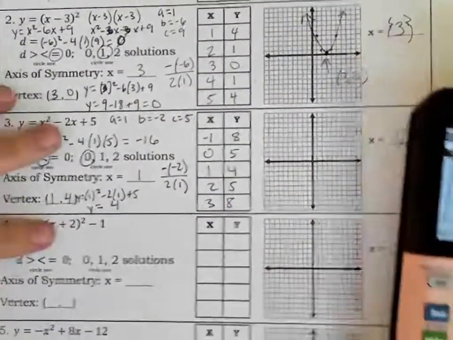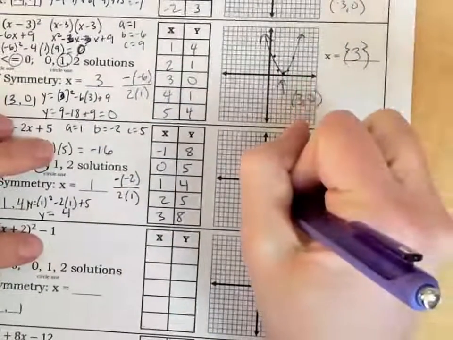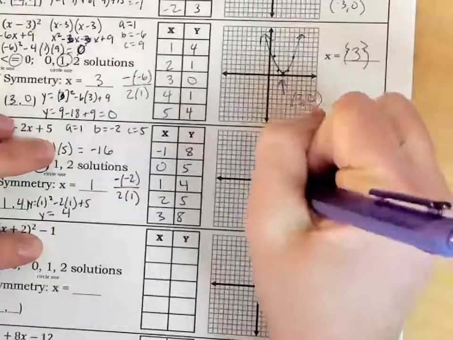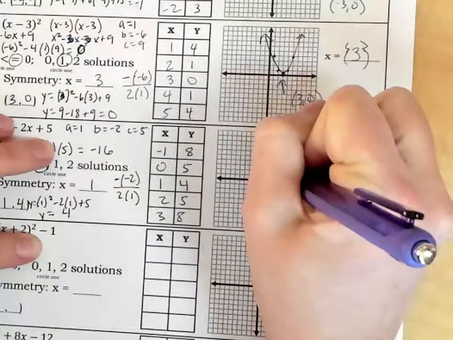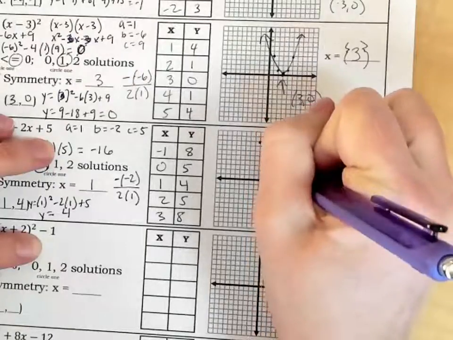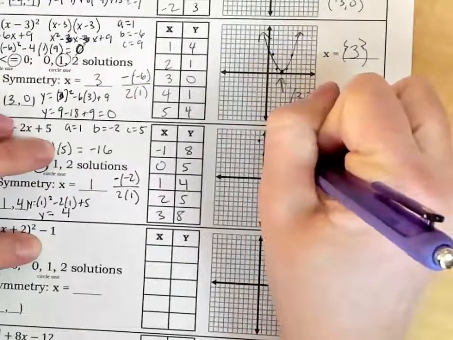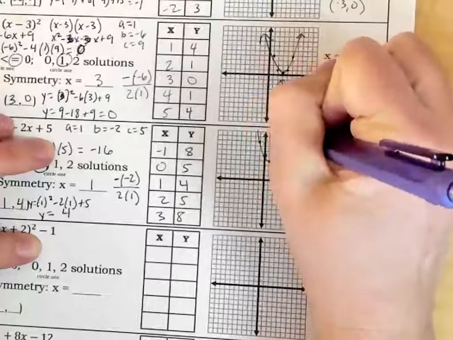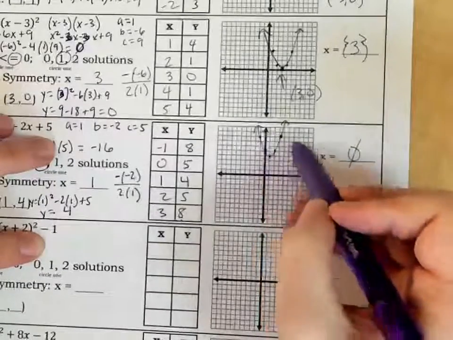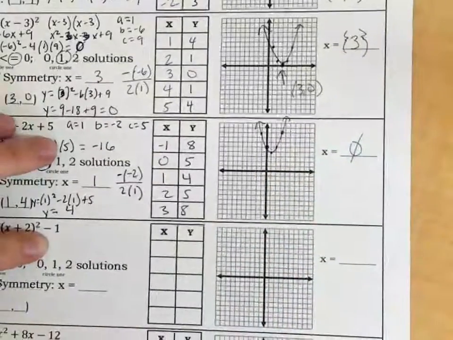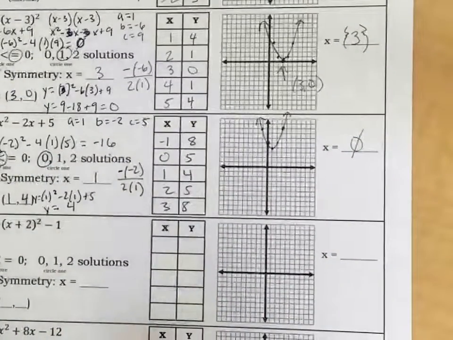And I'm going to plot those points on my graph. So I have -1, 8, 0, 5, 1, 4, 2, 5, and 3, 8. And so here is my graph. As you notice, it never crosses the x-axis. It's going to continue going upward away from the x-axis. So it is a no solution problem.